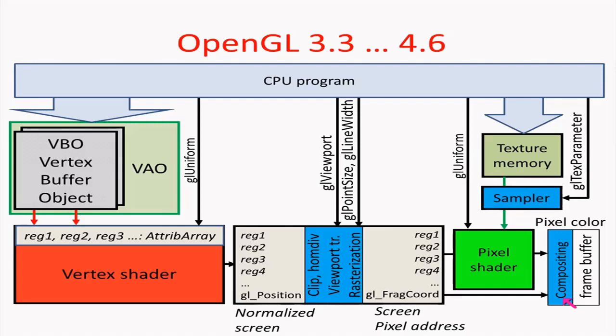Clipping is done, and so is homogeneous division if the fourth homogeneous coordinate is not 1. Then the primitive is transformed to screen space, taking into account the viewport position and size. The primitive is then rasterized in screen space. So that's the basic output pipeline that is implemented by the GPU.